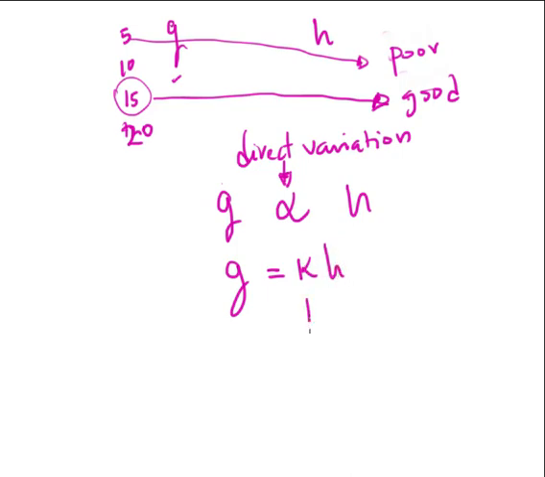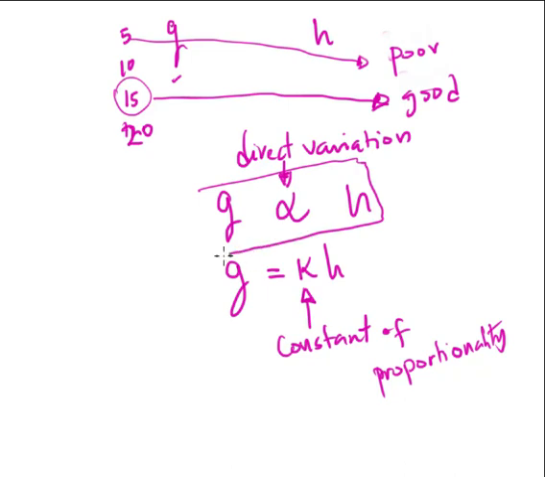This K is called the constant of proportionality. So this type of variation is called direct variation, where as one quantity is increasing, the other quantity is increasing, or as one quantity is decreasing, the other quantity is decreasing.